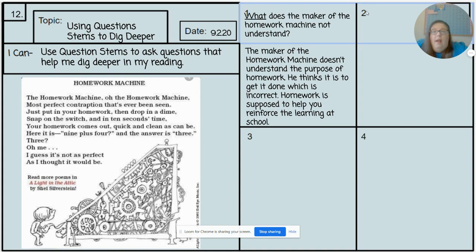Then later on, after we meet live, you're going to choose a book either from Rise Kids or from Myon. You're going to read that book, and then you're going to use those question stems that are on the slides, and you also have an attachment that has all the question stems for literature.